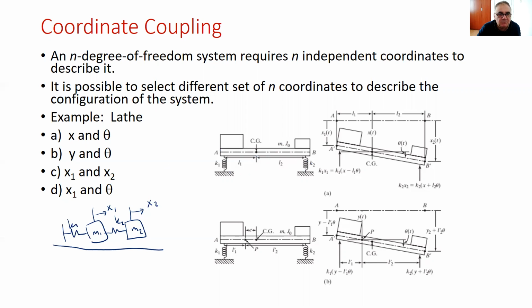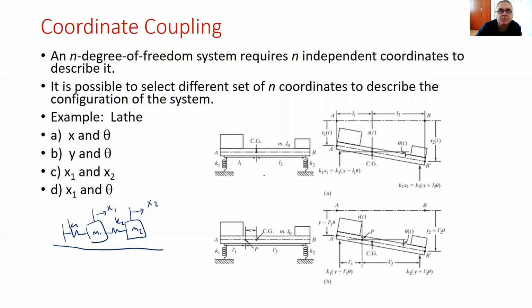For example, consider a plank like this one, in which the center of gravity is located at a distance of L1 from one side, L2 from the other side, and it's on elastic foundations, so that you have springs on both sides.